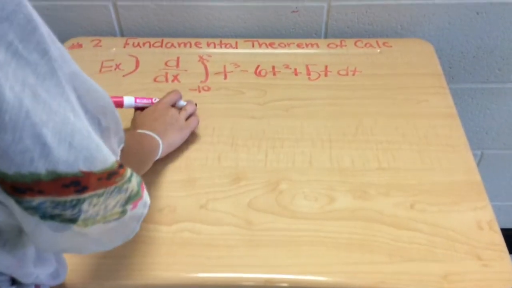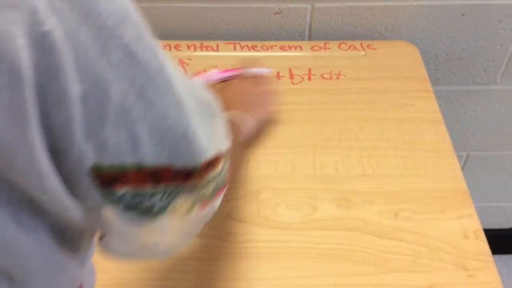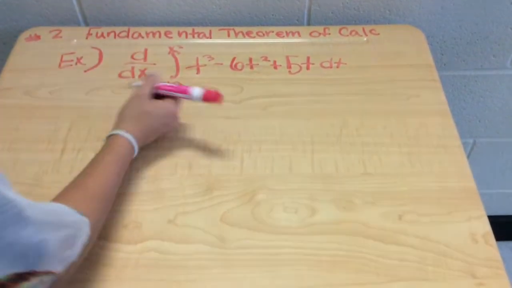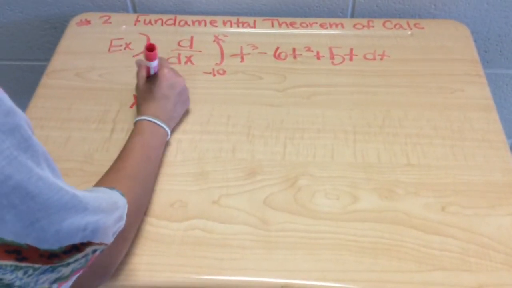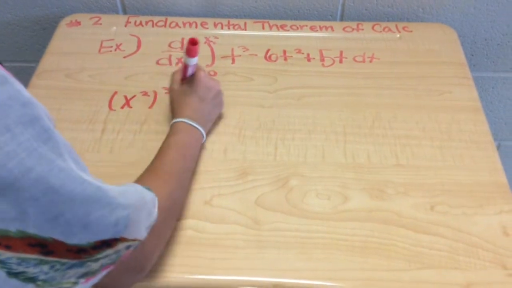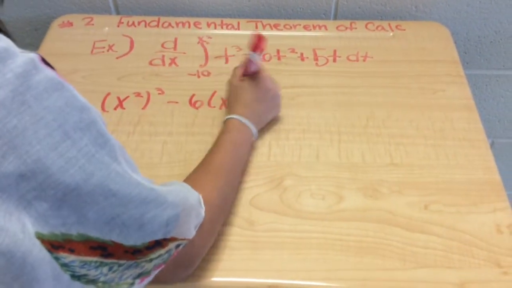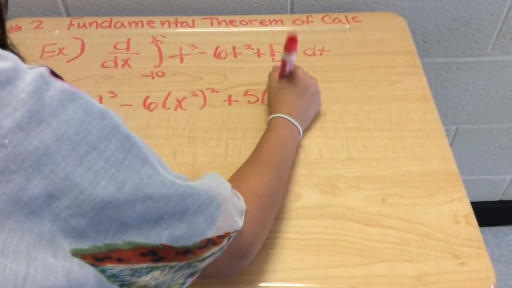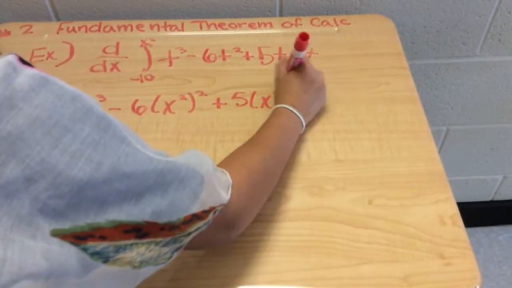Okay, so with this example, you would take this equation and plug in the value on top, which is x squared. So you would have x squared cubed minus 6 x squared all squared plus 5 x squared.